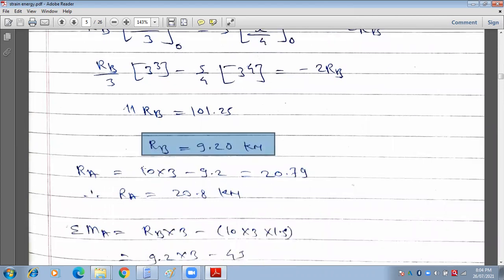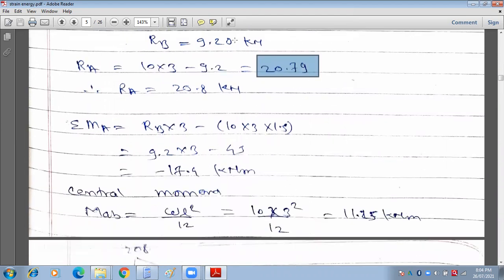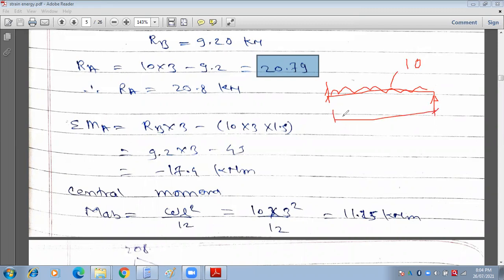And to find out the reaction Ra, total load, that is 10 into 3 UDL, minus reaction Rb, that is 9.7, you will be getting the reaction Ra, that is 20.79. And to find out the moment at the fixed end, as we know the geometry is like this: the UDL having this intensity of 10, span is of 3, and here the Rb is there, and we have to find out the moment at support A. Now Rb into 3 is the anti-clockwise moment, and the UDL 10 into 3 acts at half of the length, that is 1.5.